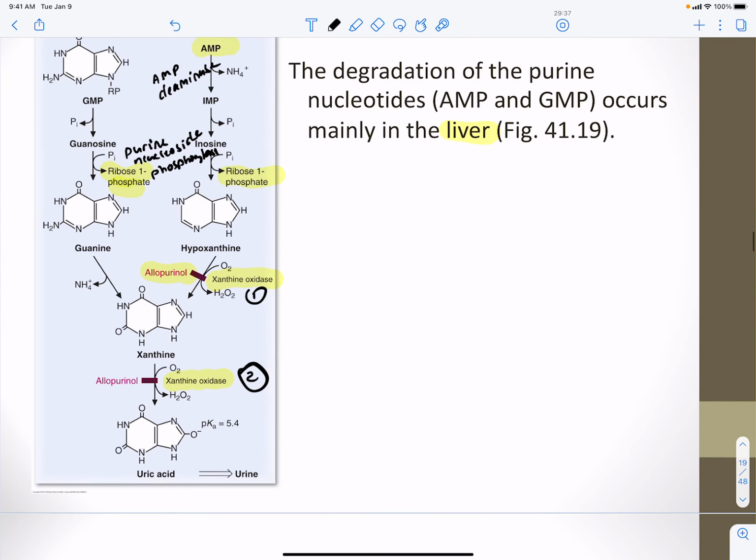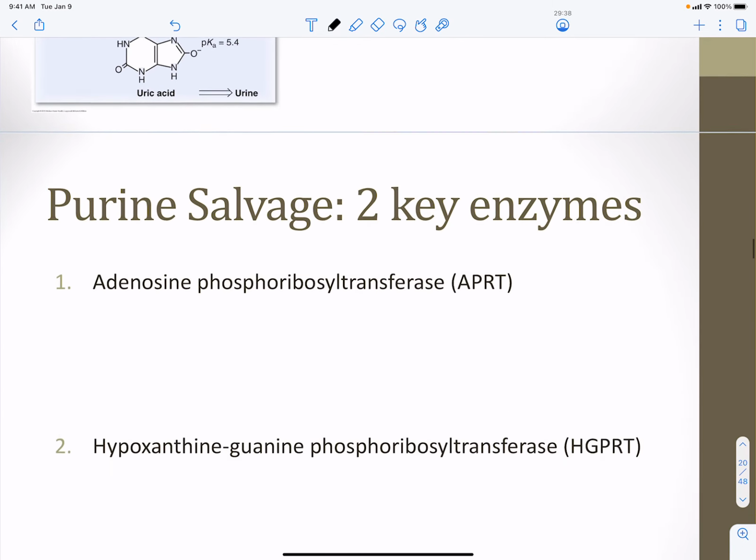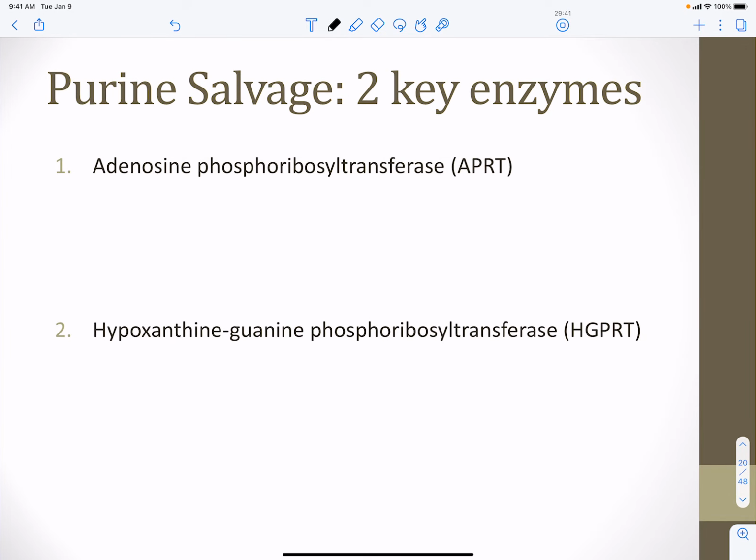All right, so we're next going to talk about our purine salvage. So the synthesis of these purine nucleotides is going to mostly occur in the liver. The brain can also make some of the purines, and then your immune cells can also make some purines de novo.